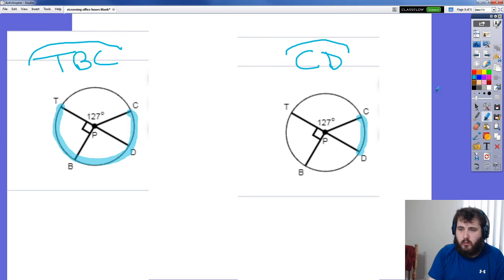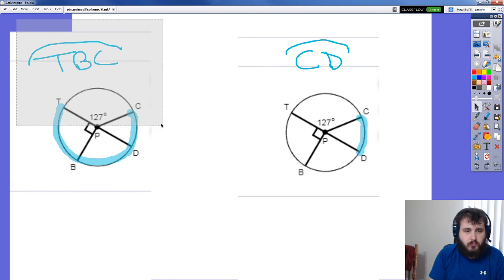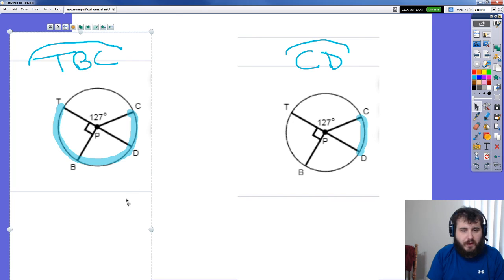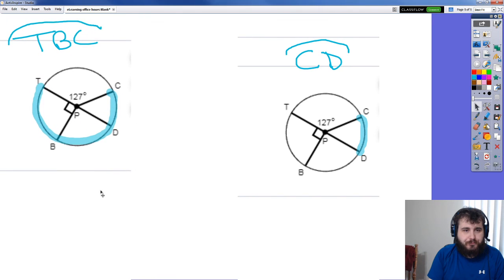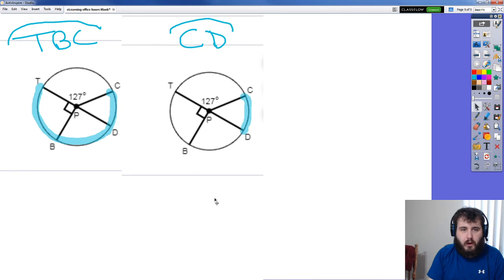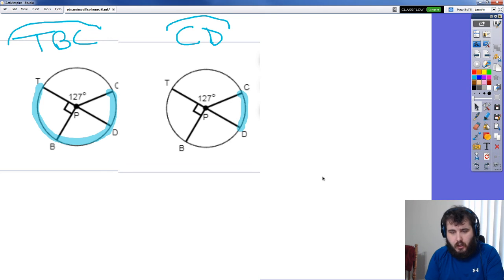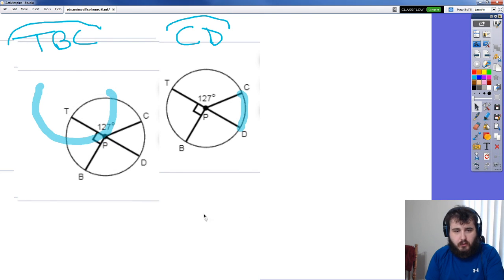You know, we can do this so many different ways. But it boils down to, what are we actually looking at? What are we actually being told to find?